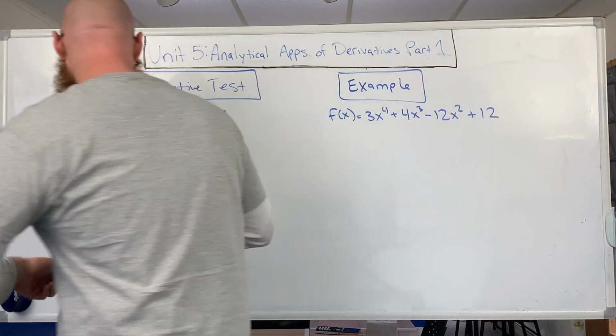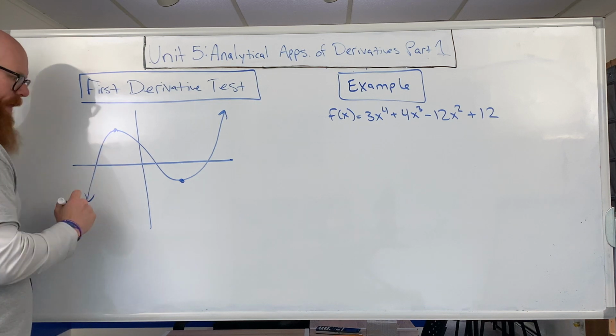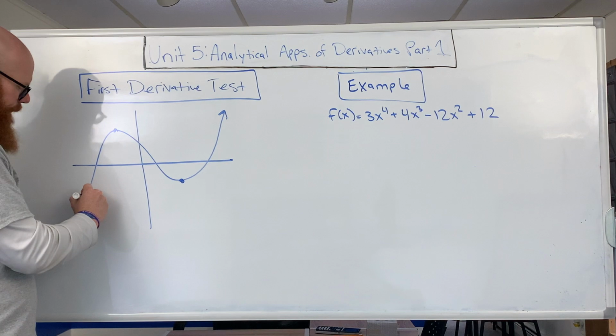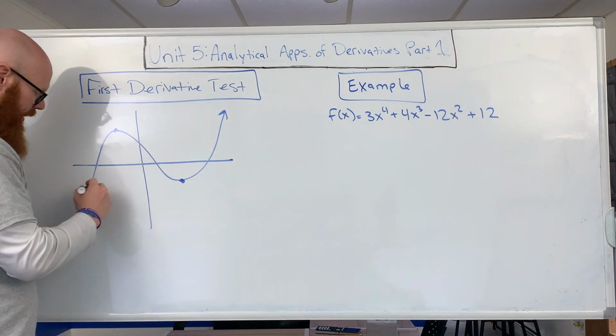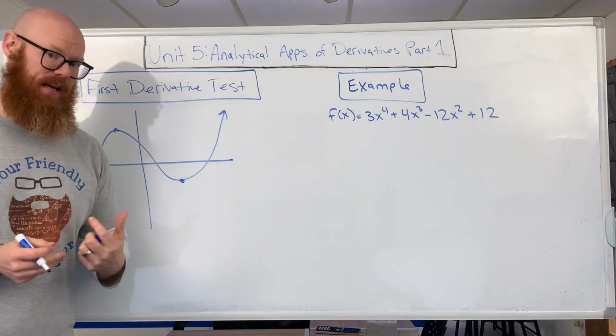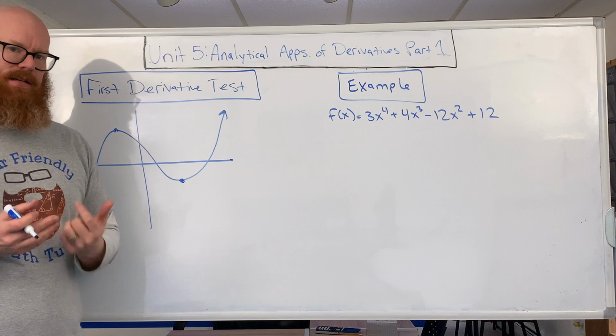So that tells me that if I have a positive slope at a specific point, then the function itself must be increasing. So anywhere when I draw the function from left to right and it's moving upward, that means it's increasing, and it's increasing when the first derivative is positive.